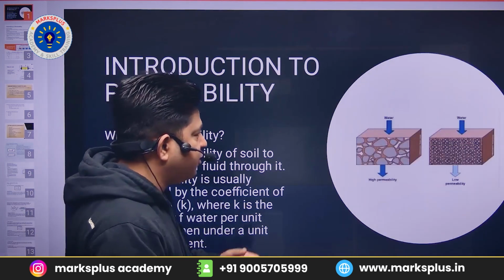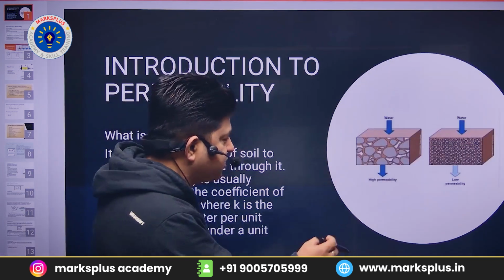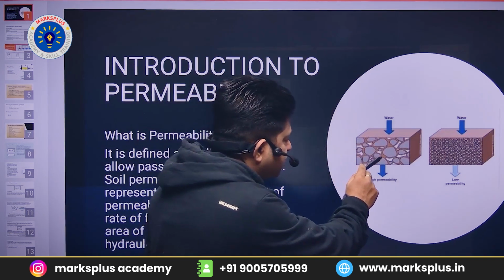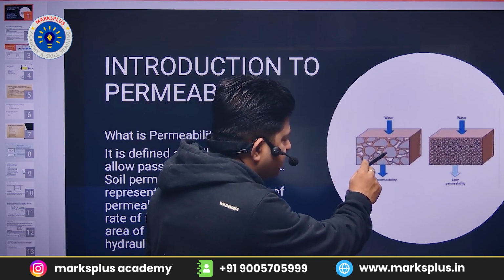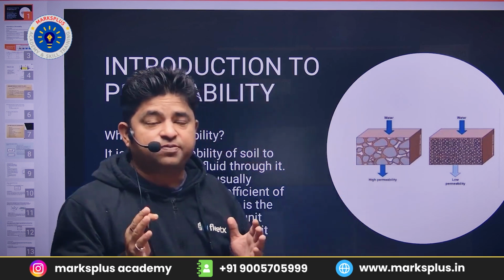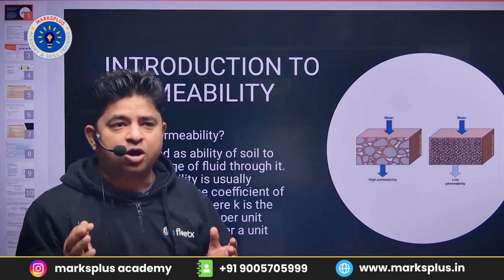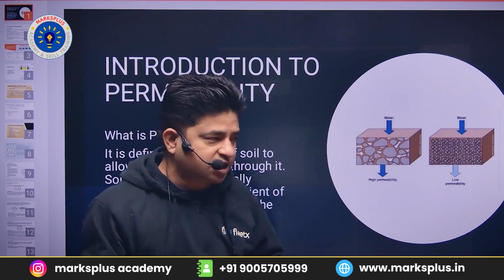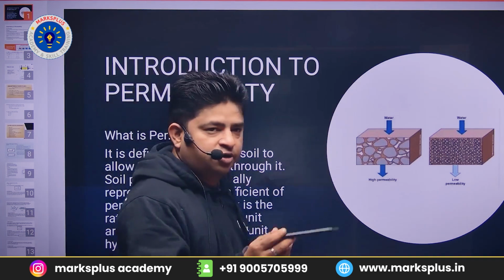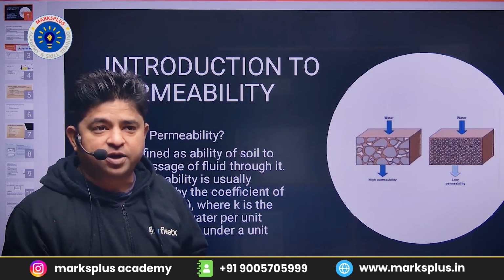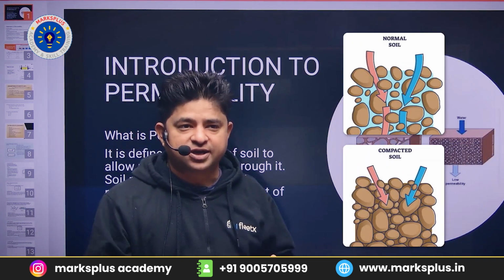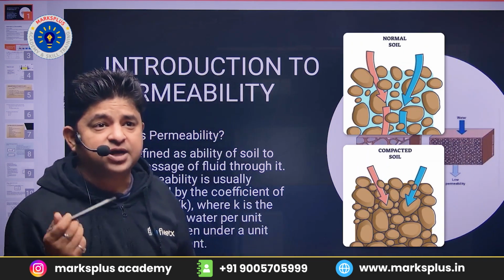So, as we can see, this is our soil mass. When the distance between the solid grains is larger, or the voids between the solid grains are larger, more water will flow through it. That means the permeability of that particular soil will be high, or we can say that soil is highly permeable.